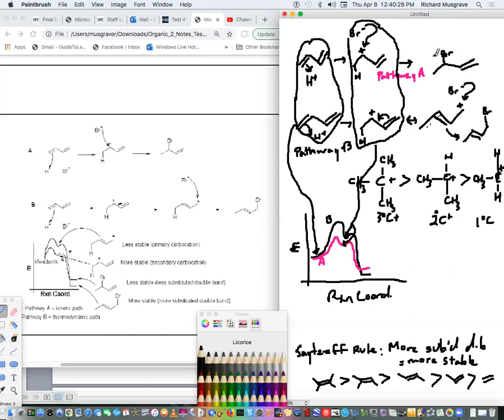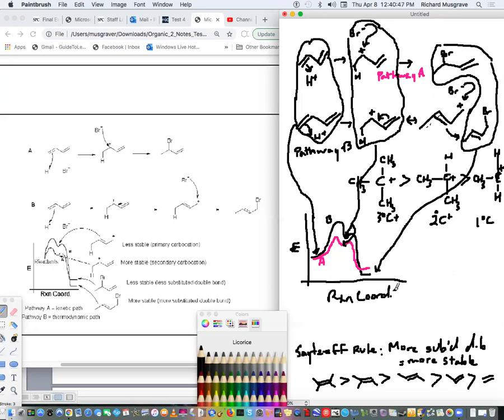And the products, of course, are going to represent what's happening at the end of the energy diagram.